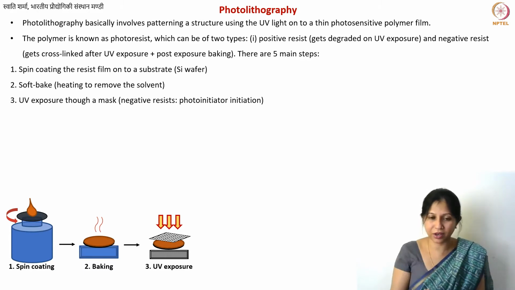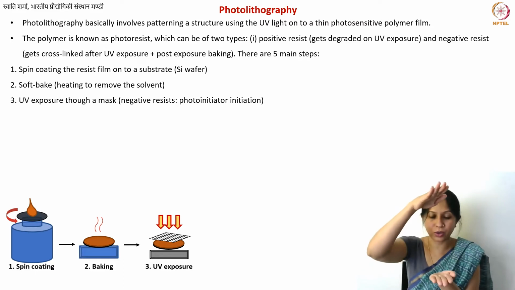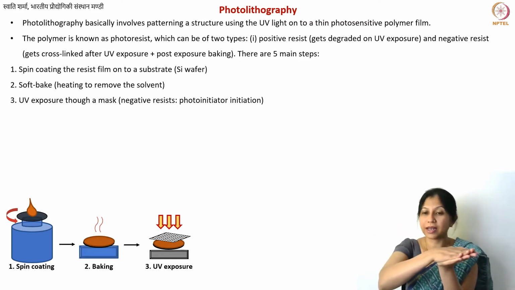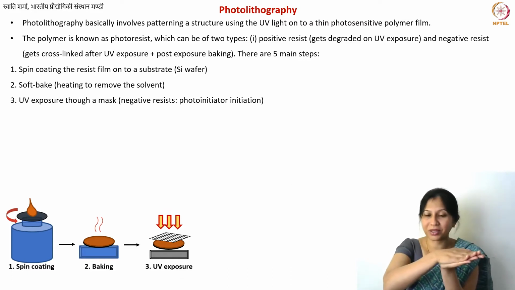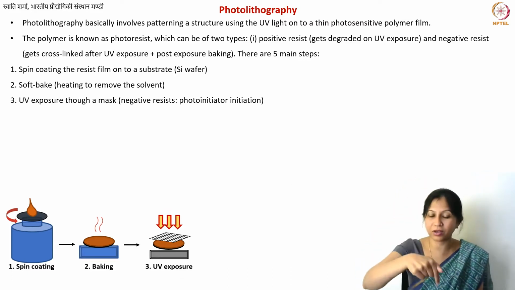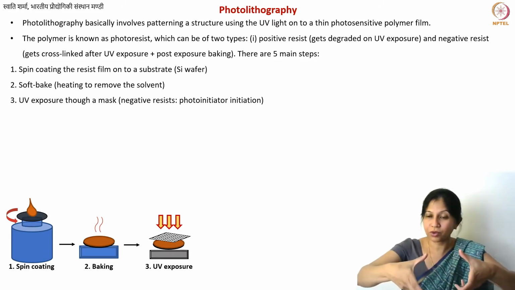So I make these structures on top of a transparent material such as glass. It should be one, transparent, and two, very flat, because flatness is important. Now we are going to attach it on top of your silicon wafer. It should be as closely attached to the silicon wafer as possible. Why? Because the next step is that you expose this entire thing to the UV light.